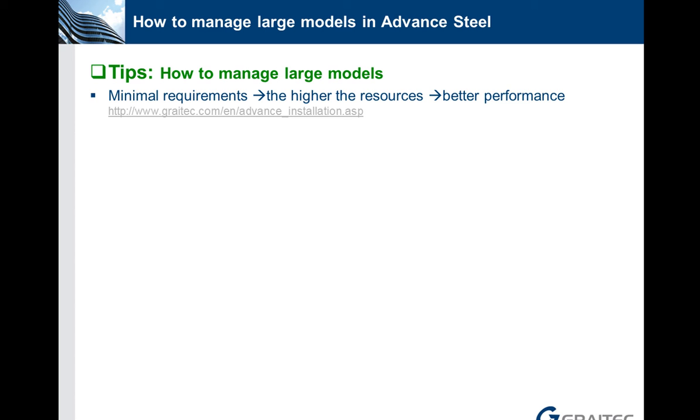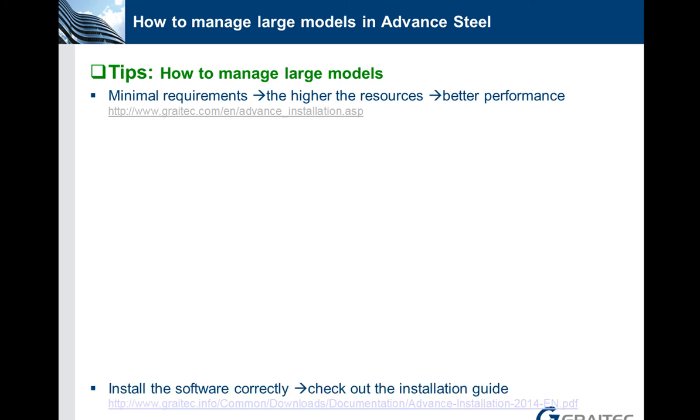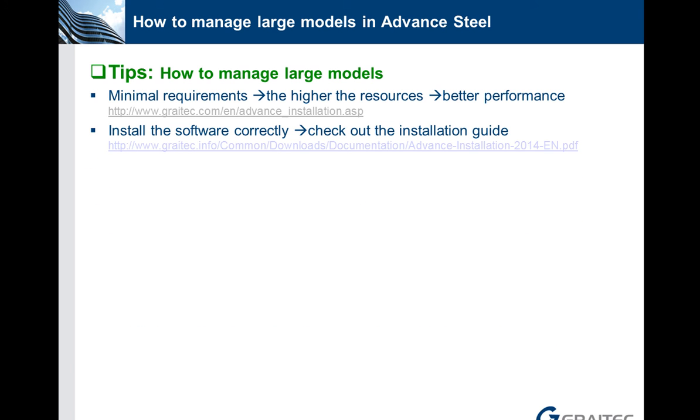As a general rule, the higher the resources of your machine, the better the performance, but this is a general rule for any software. Also, it's important to install the software correctly. For this, we have an installation guide available on our website. I will show at the end of this slide where you can find all the referenced information.